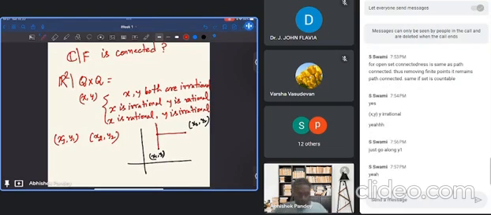Now again, if x2 is irrational and y2 is rational, then what will we do? Anyone?